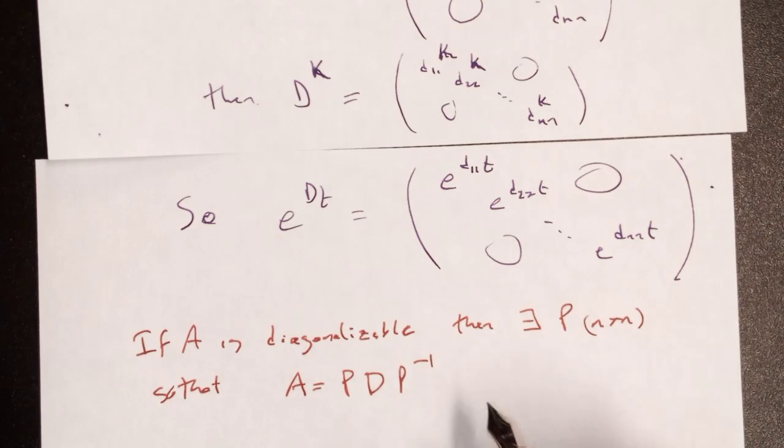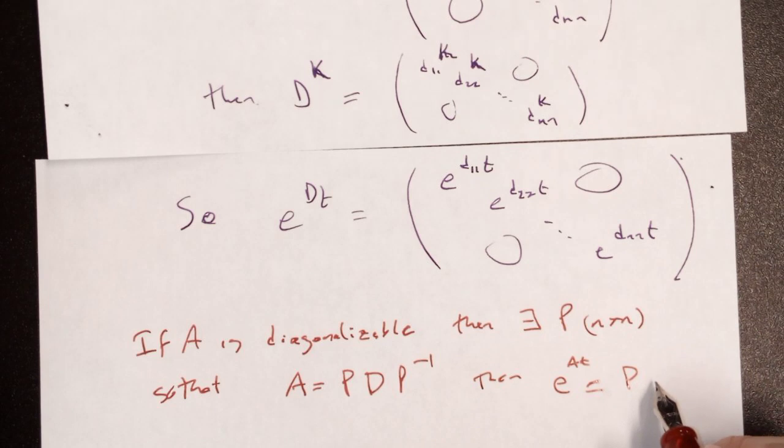But then e to the At is P e to the Dt P inverse. So if my matrix isn't diagonal, but can be made diagonal, then I can use this trick. But that's gross.